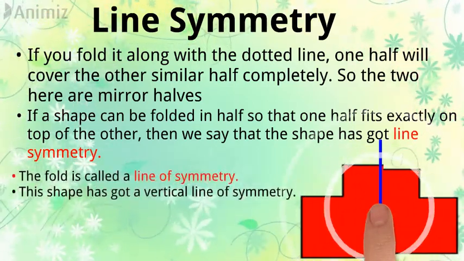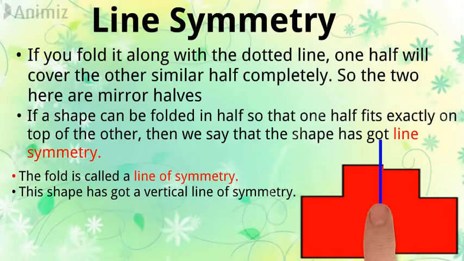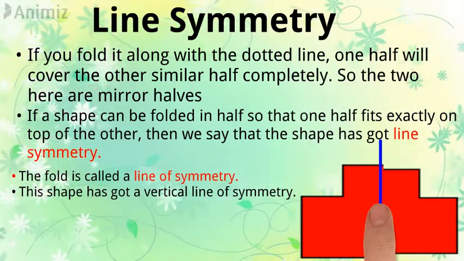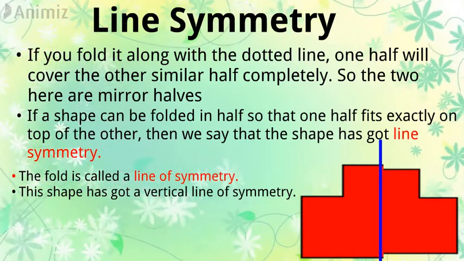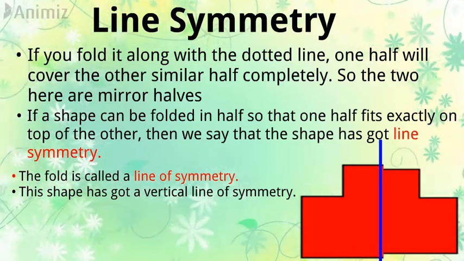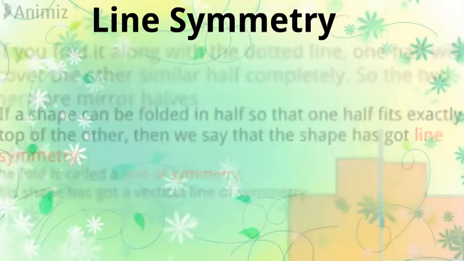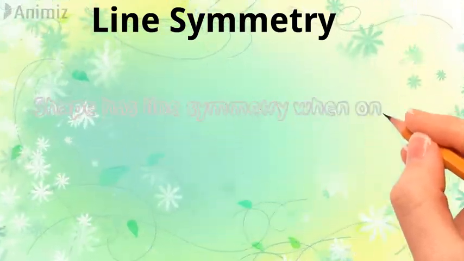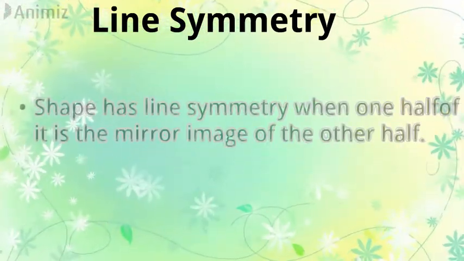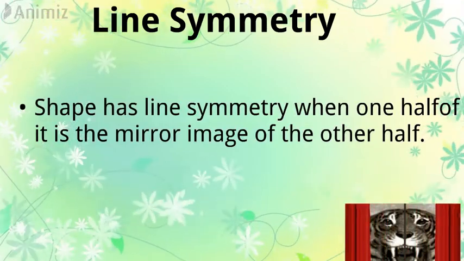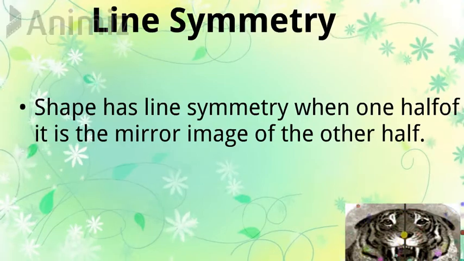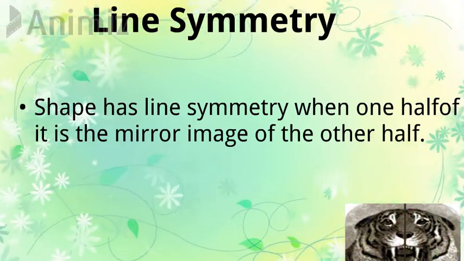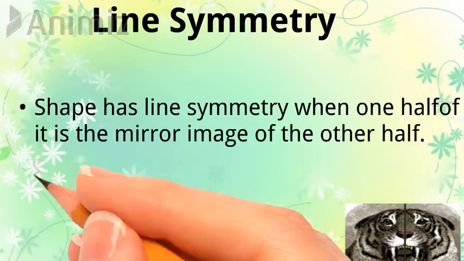The fold is called a line of symmetry, and this shape has got a vertical line of symmetry. If one half overlaps the other, then the line of symmetry is there. A shape has line symmetry when one half of it is the mirror image of the other half.